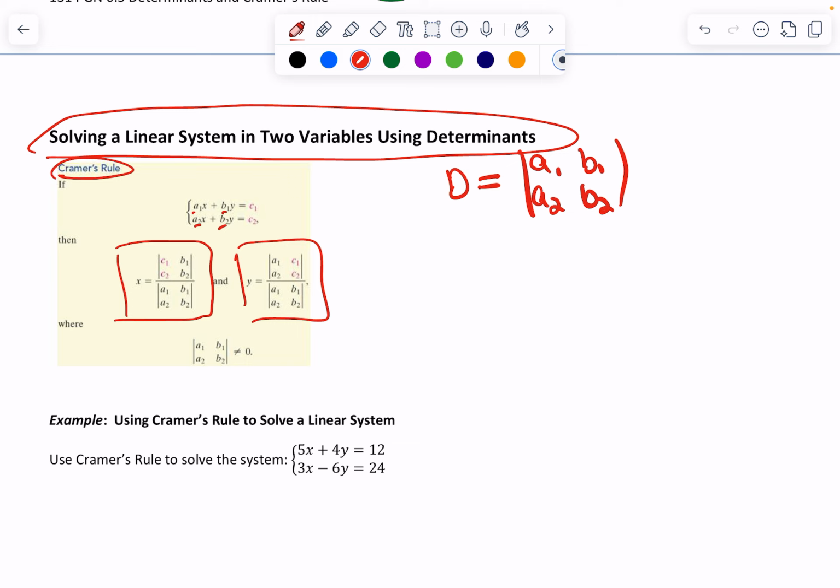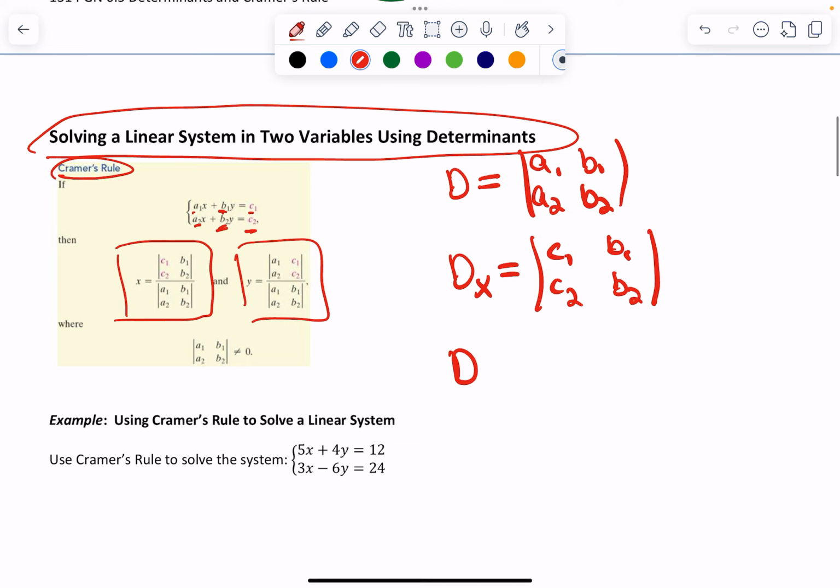Now, if we do that for d of x, that means that we're actually going to start with C1 and C2. So that's going to be our first column here. And then since it is x, we're going to take the coefficients of b, so B1, B2.